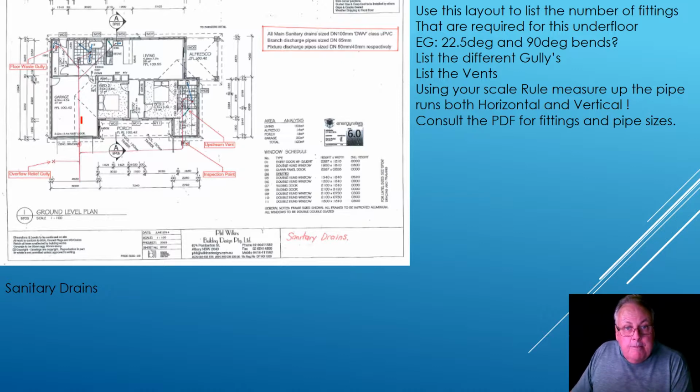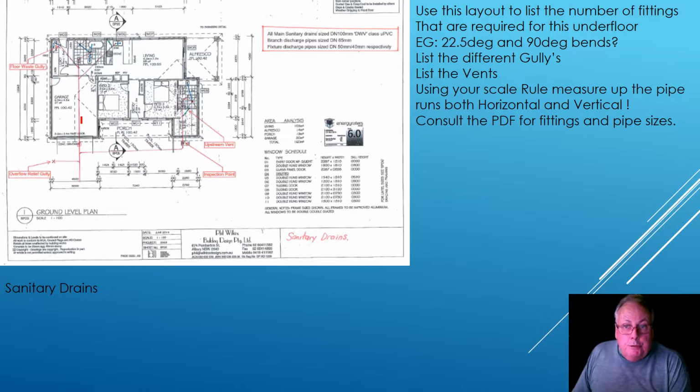And then we have branch discharge pipes. And so we've got 65 mil, 50 mil and 40 mil. So if you refer back to the previous PowerPoint, you can actually see the different size pipes against the different colors.